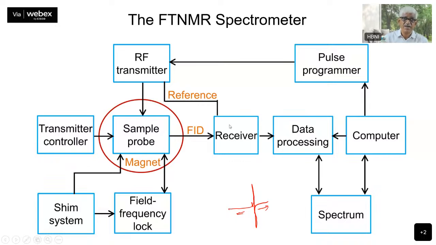After you get the signal in the receiver, then it has to be processed. This processing is done by the data processing. Now you see all of these are digital signals. In current pulse NMR, Fourier transform NMR spectrometers, you have pulses of the order of 10 microsecond, 10.1 microsecond, 5 microsecond, etc. Right?